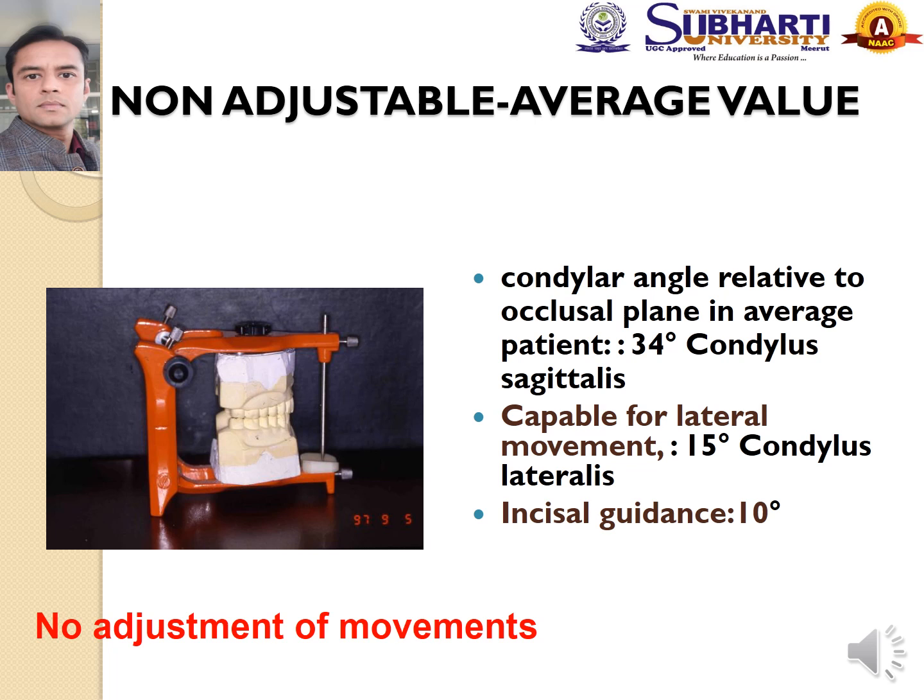That's why the name mean or average value articulators, which we are using commonly. We cannot change them. That is 33 or 34 degrees of condylar guidance, 15 degrees of lateral, and 10 to 15 or 12 degrees of the incisal guidance.